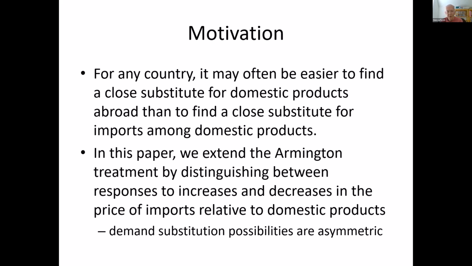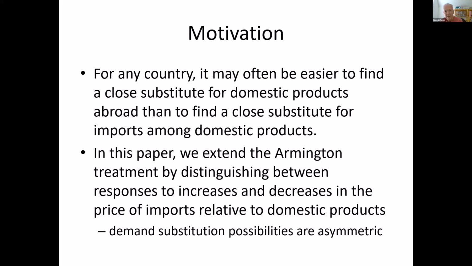Think, for example, of an African country that has a manufacturing sector. If the import prices go down and you would like to switch toward more imports, it would be quite easy to find products similar to the ones you were buying before from domestic producers.